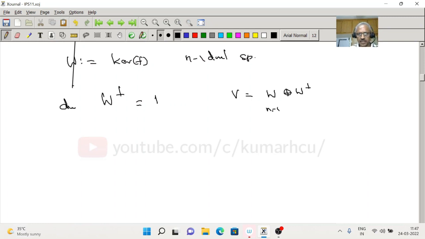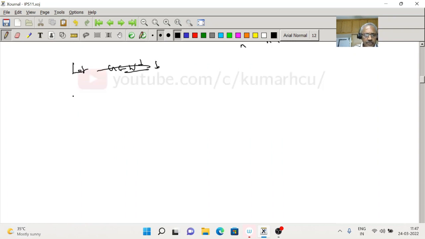W has dimension n minus 1 and V has dimension n, therefore W perp has dimension 1. Do you understand that? Therefore let u be in W perp. Is that clear?